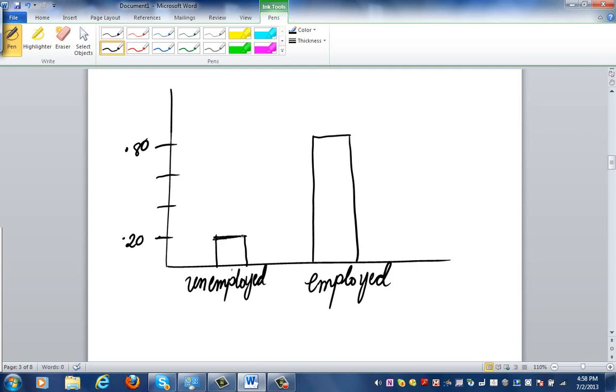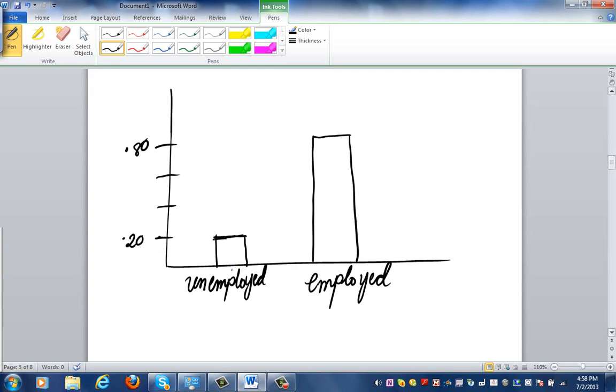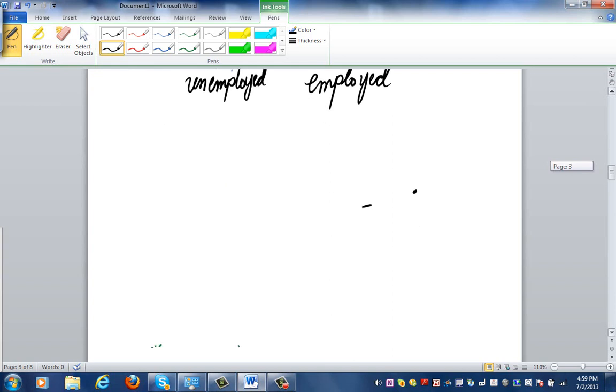Now we have a choice here. Either I can draw the bar for the employed category first, or the unemployed category first. But if we draw the bars in decreasing order, that's called a Pareto chart.